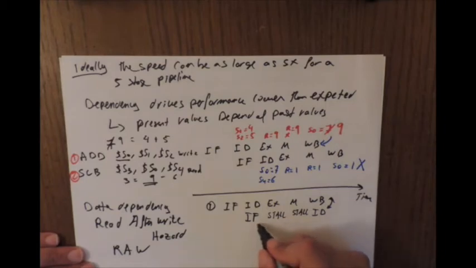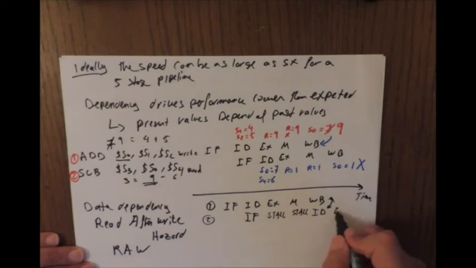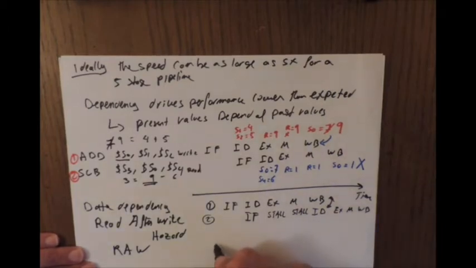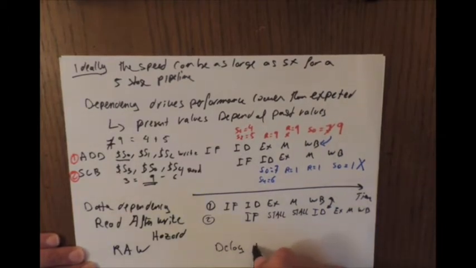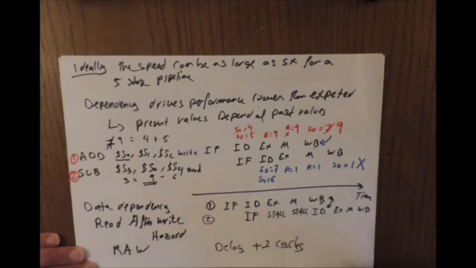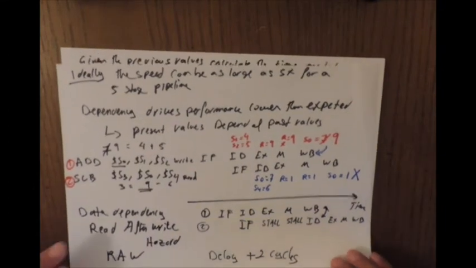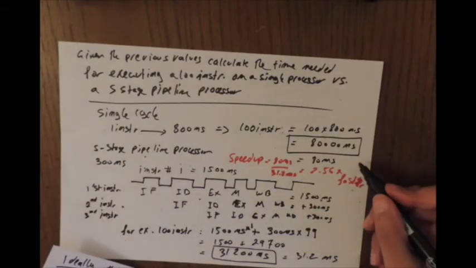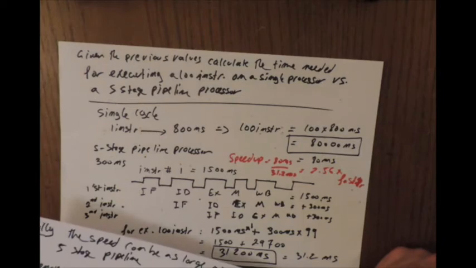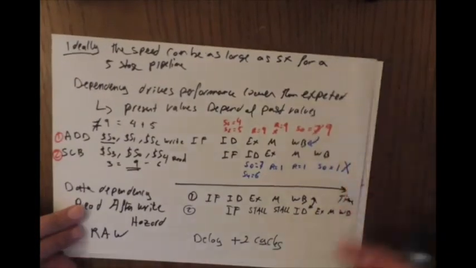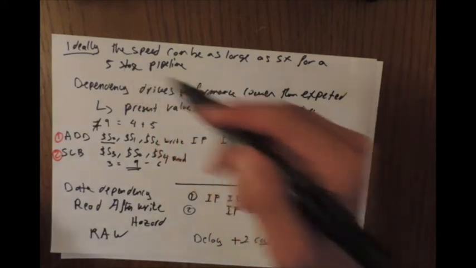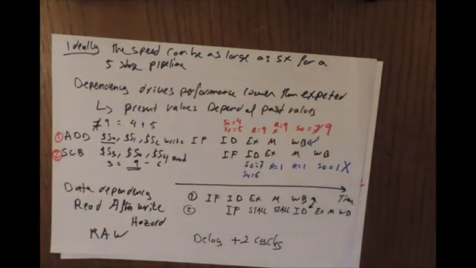So I fetch the second instruction, stall, ID, EX, memory and write back. So here my delay was 2 cycles. My performance was decreased by only 2 cycles. But remember, we have a very big margin of increase here, so these 2 cycles are not enough to render pipelining useless. Those 2 cycles are just a small price we pay. This is why we say ideally, because usually we have many dependencies.